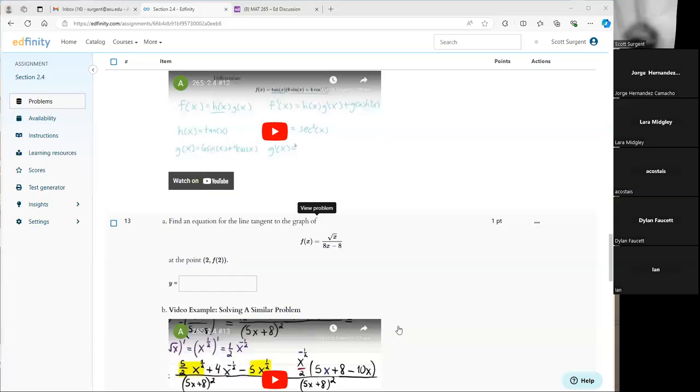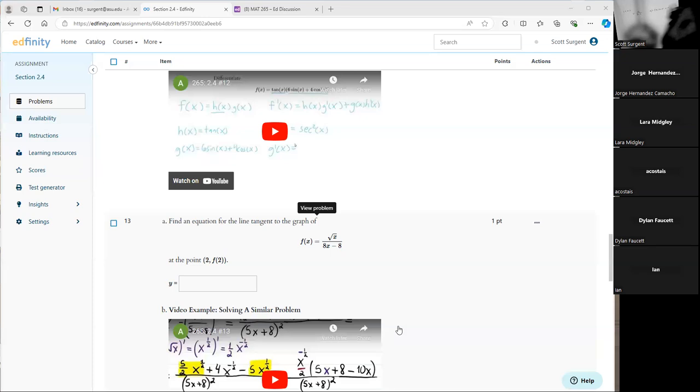Let me share the screen here. 2.4 number 13. This one is just kind of troublesome because it's messy. The function is rad x on the top and 8x minus 8 on the bottom. We want the equation of the tangent line, so we don't want just the slope, we want the full equation when x is 2.